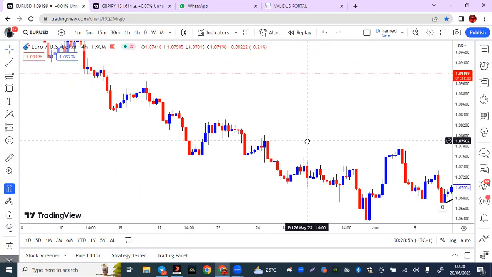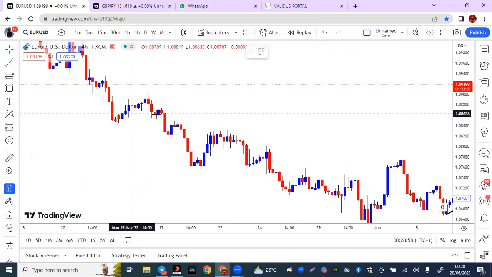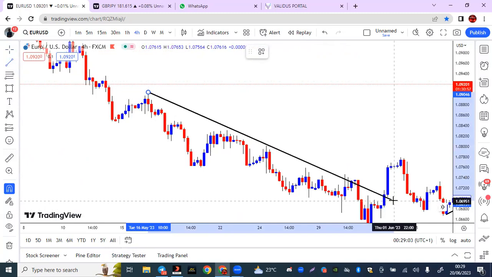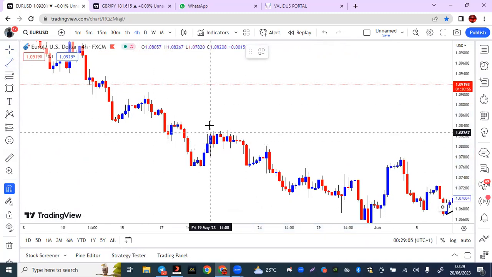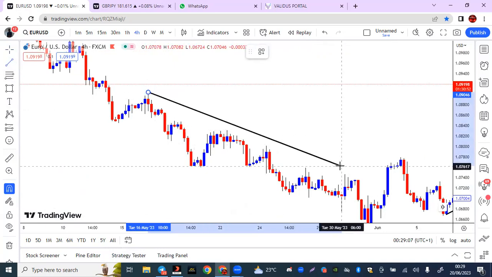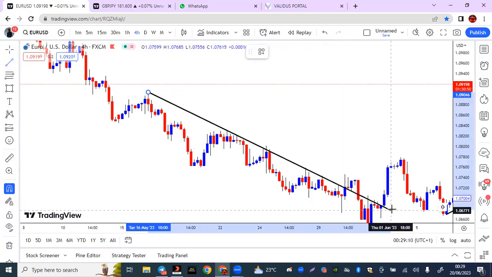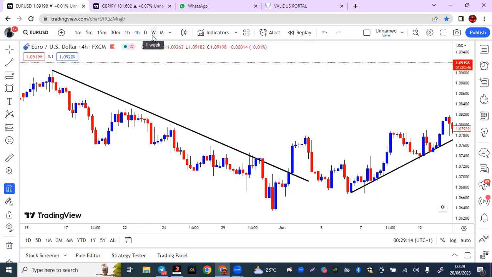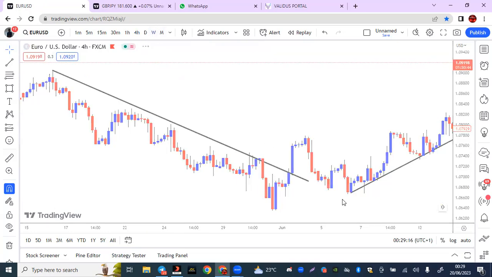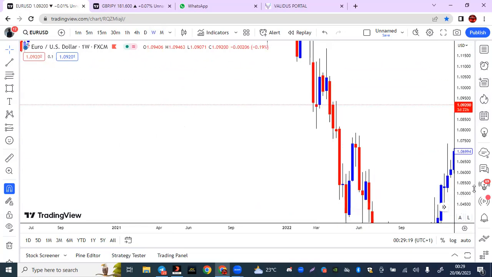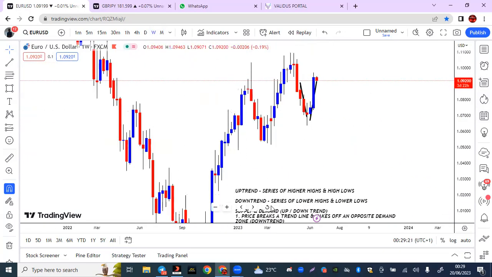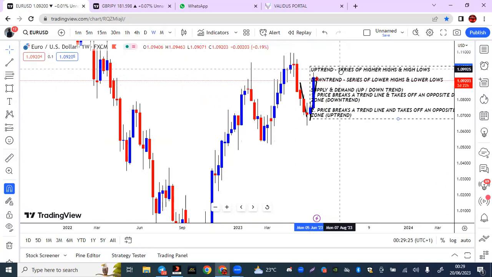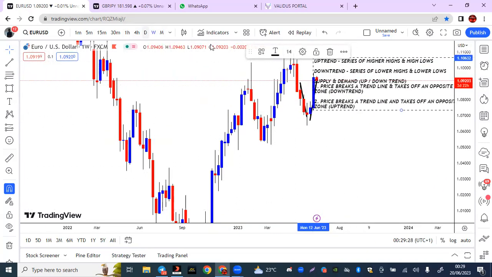Now let's look for a downtrend. Now this is it. This is a downtrend. A series of lower highs, lower lows, and you just keep descending like a staircase. All right, so this is the definition of an uptrend or a downtrend. Now, for the methodology with which we trade, which is supply and demand, there's an extra addition to this.